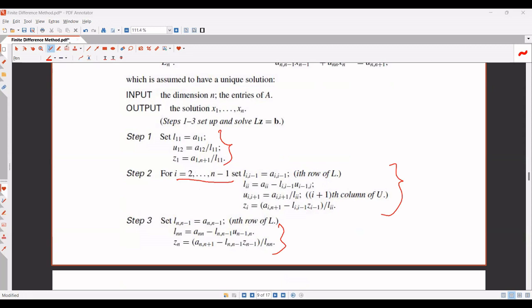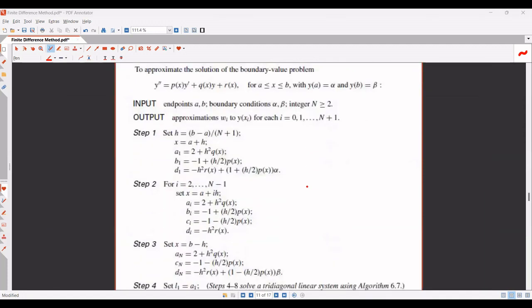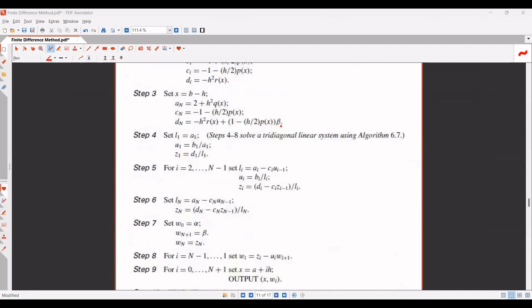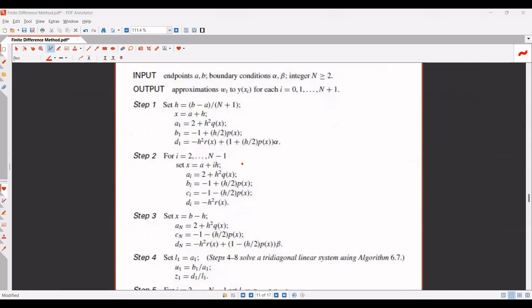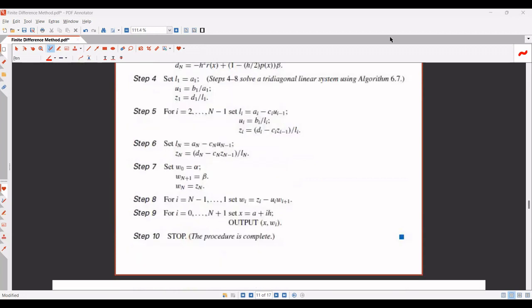But we are not going to use this algorithm separately. Rather, we are going to integrate it into the algorithm of the finite difference method. So this was the finite difference method algorithm, and as I have already mentioned, up to this point, we just created our system. Now, in the later block, we are going to solve the tridiagonal system using LU factorization.